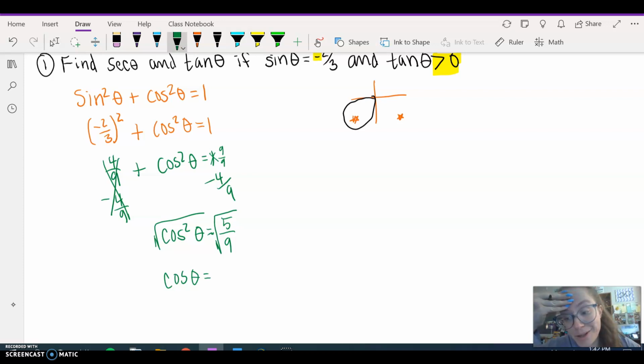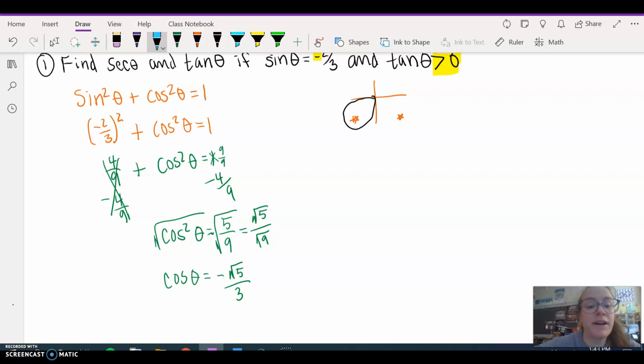Well, we've already determined what quadrant we're in, so it's not plus or minus, it's one or the other. And since I'm in the 3rd quadrant, based on the criteria they restricted me to, it's going to be a negative root 5 over 3, because when you square root something, you can square root the top and the bottom separately to clean it up. So that's cosine.